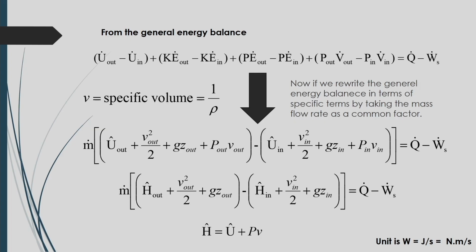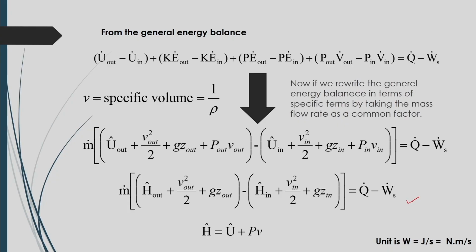And that overall energy balance can be expressed based on specific energy terms, just by multiplying the mass flow rate as a common factor in the energy balance equation. That we also described earlier.